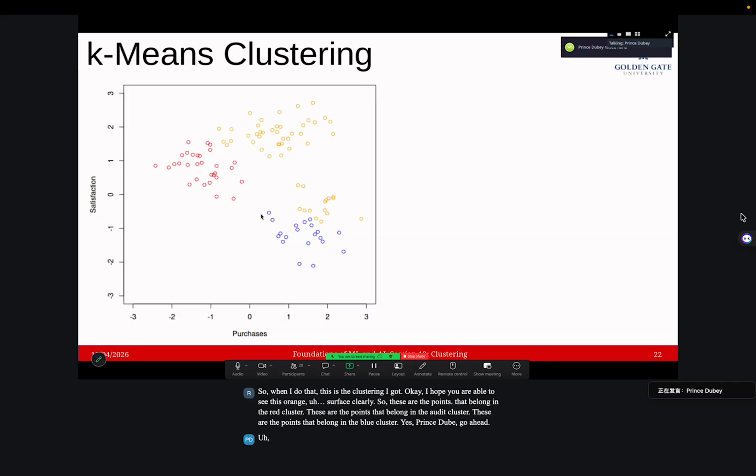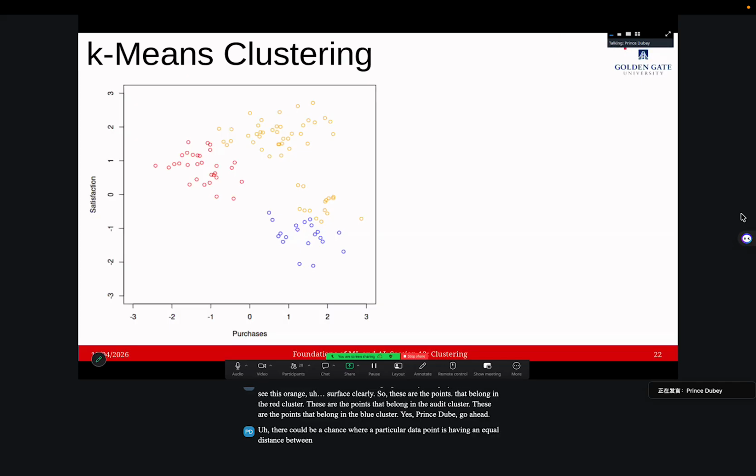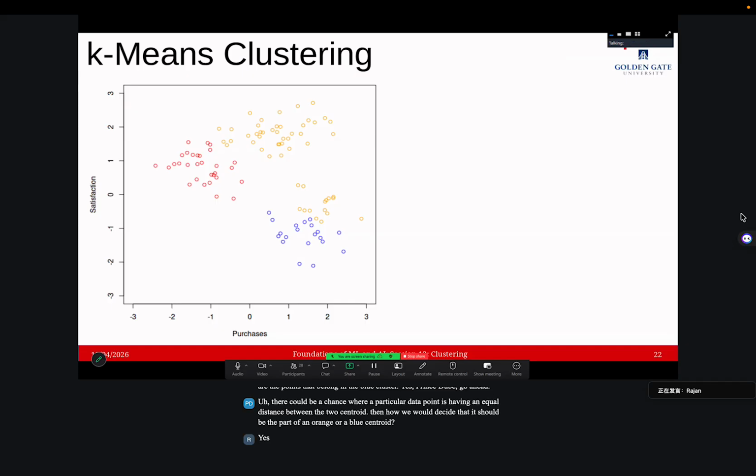There could be a chance where a particular data point has an equal distance between the two centroids. Then how would we decide whether it should be part of the orange or the blue centroid? Yes. In that case, if it's exactly equal, there are 2 ways to deal with it.